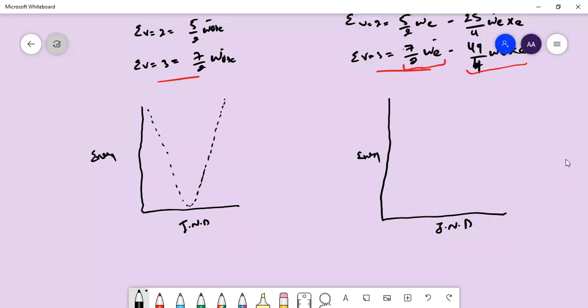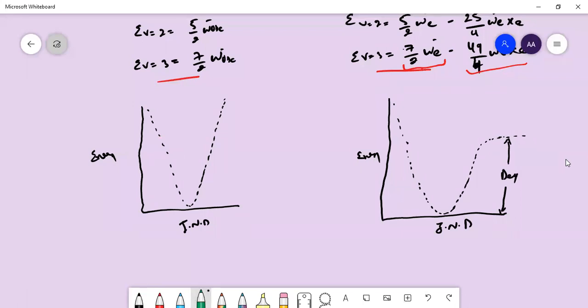However, for the anharmonic oscillator, we have a non-parabolic curve, or I can say the parabolic curve gets distorted at a particular level, where this level is equivalent to our dissociation energy. And here we say that the molecule's bond breaks down.